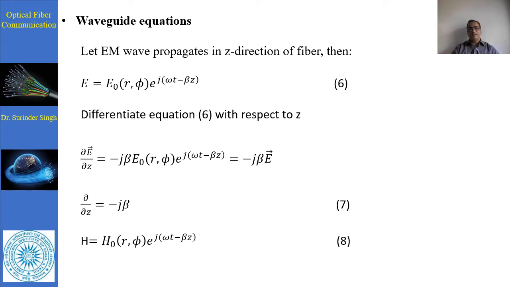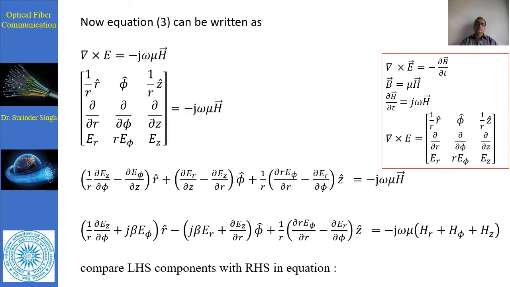So d upon dz is equal to minus j beta. Similarly, we have a magnetic field with maximum magnetic amplitude H naught of r, phi, e raised to the power j omega t. That value we can also find.